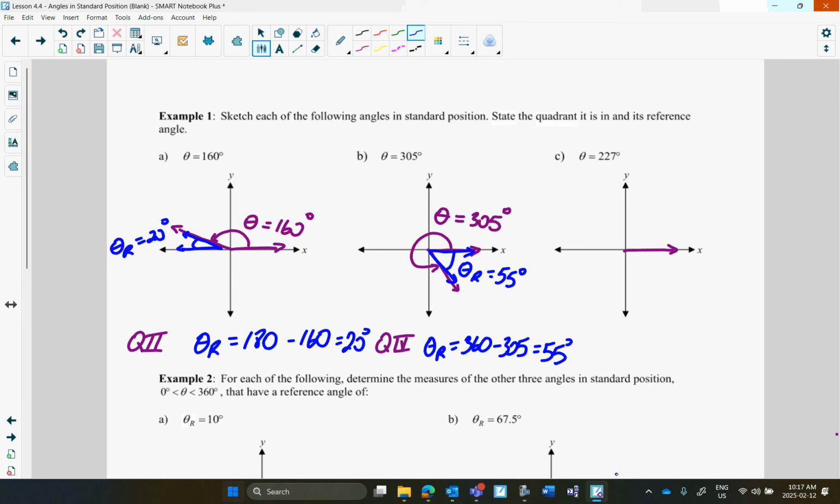Sketch it, state what quadrant it ends in or terminates in, find its reference angle.